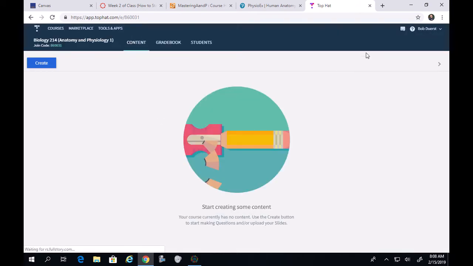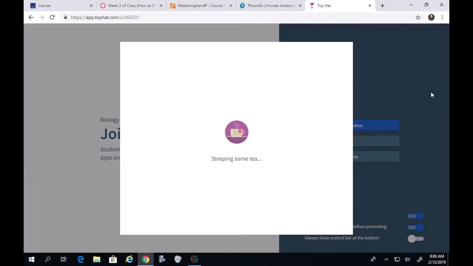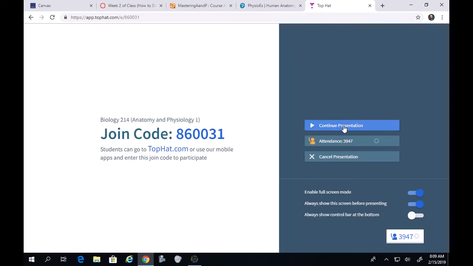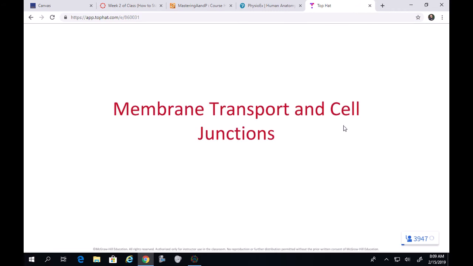I want to avoid taking attendance twice in the same class period if possible. Minimize and keep open. So the attendance code is 3947.